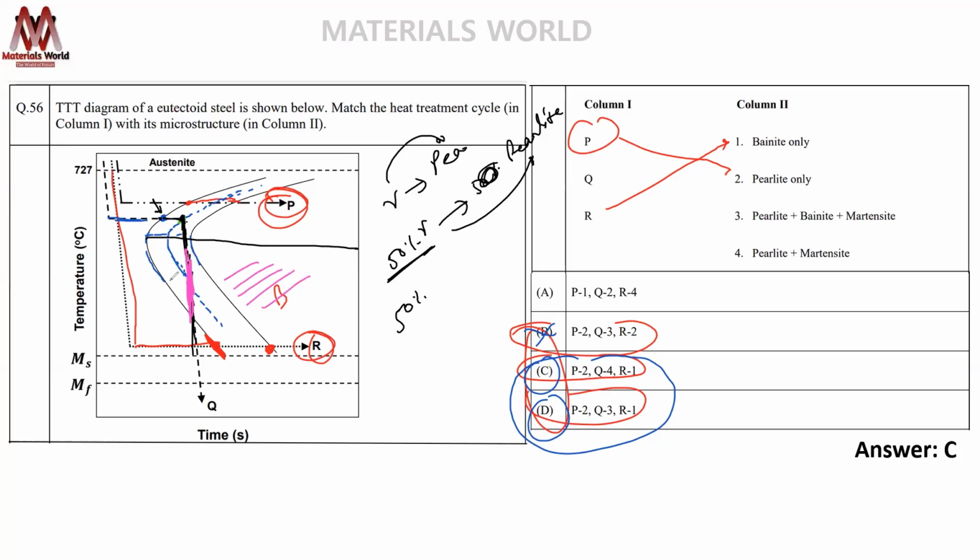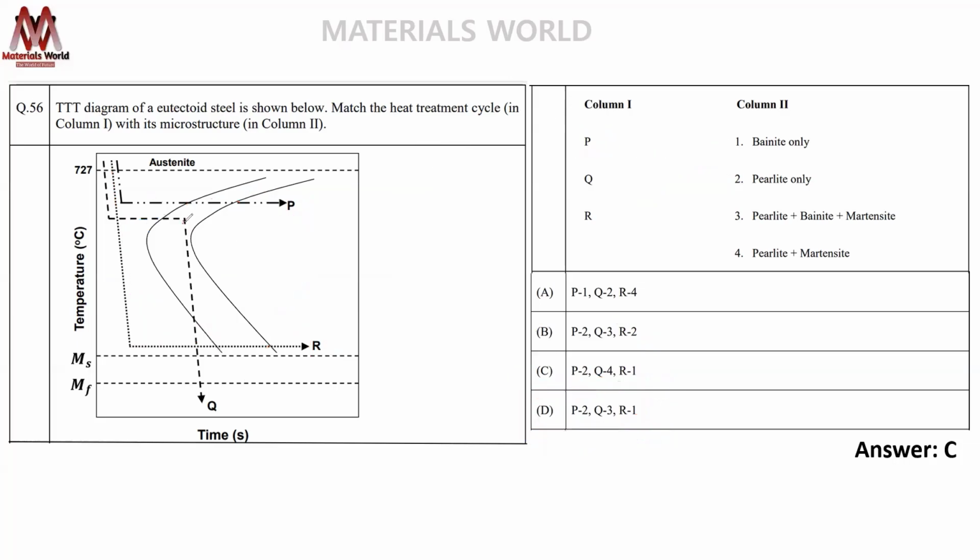Is it touching the starting line anywhere, like this or this or this? Is it crossing the starting line anywhere? No. To get that, you must show a path like this. You have to take a dotted line.